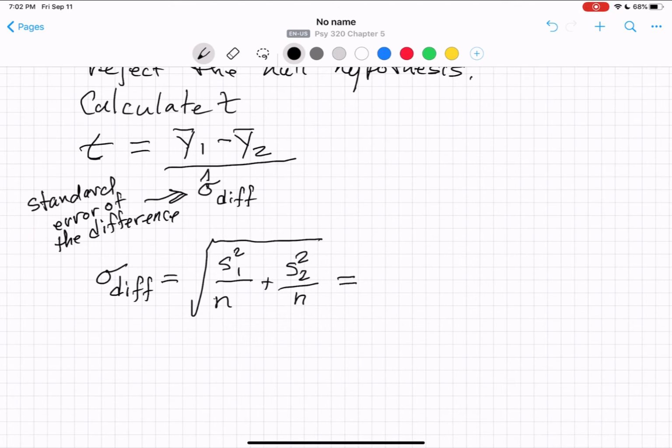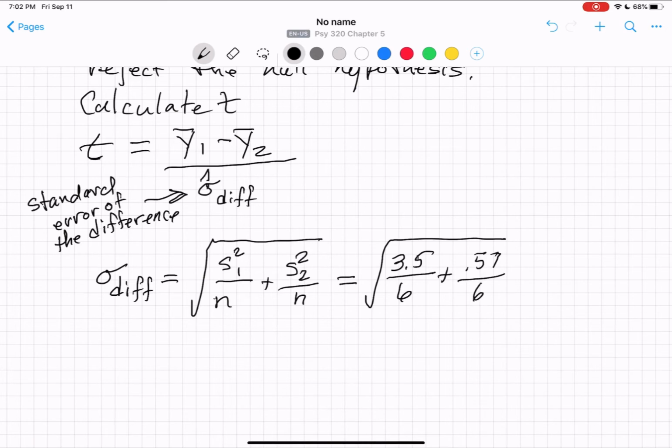We calculated the variances in the last video when I did the test for homogeneity of variance, so we're just going to use those variances. But you would calculate a variance the same way you would any time you're doing variance for a single group. So those variances that we calculated in the last video are 3.5 for group 1 over 6, and for group 2 it was 0.57 over 6.